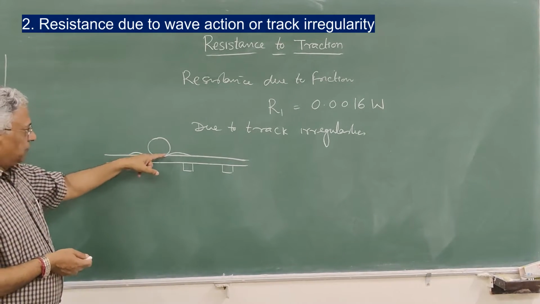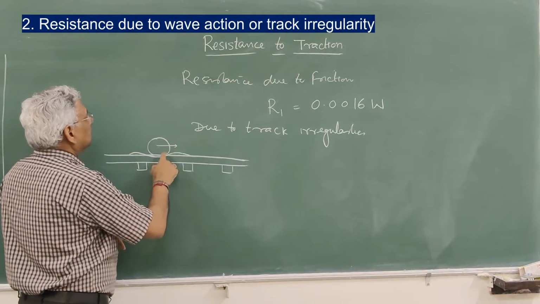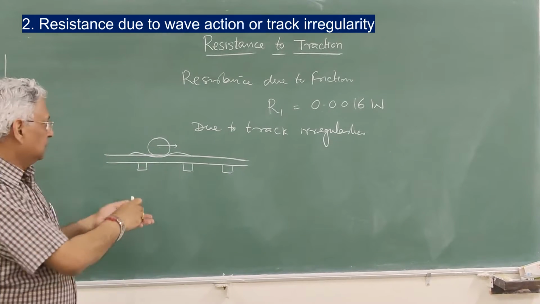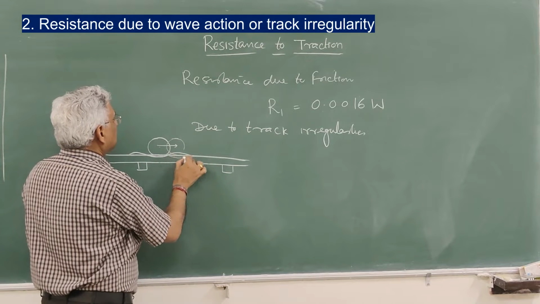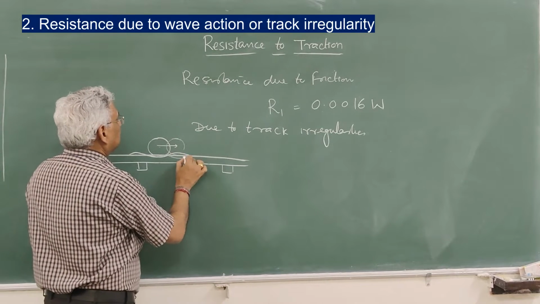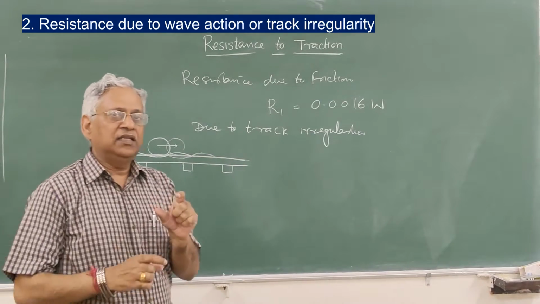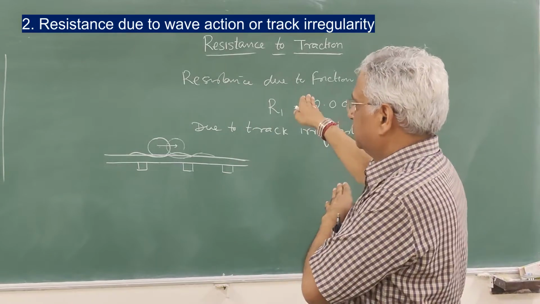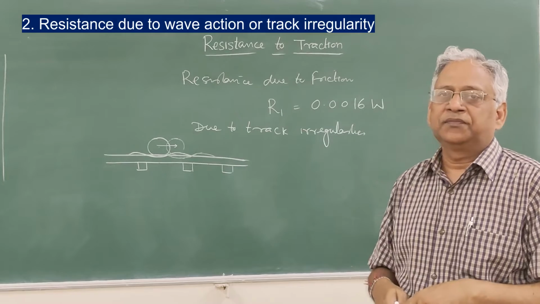Because of this deflection, when the wheel moves in forward direction, it tries to push this rail back, and then the reverse happens. When the wheel comes here, now this part is deflected and this wave moves forward. So in fact, the movement of the wheel is continuously uphill, and that is the resistance due to track irregularity.